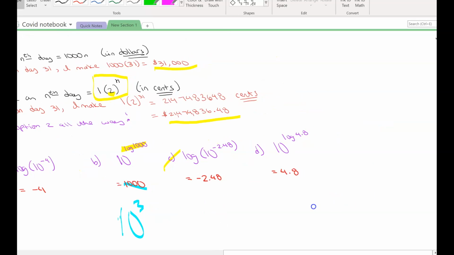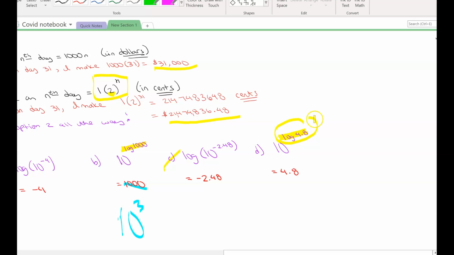But then D, we're going to move towards being able to do question D without a calculator. So I want you to think about this. If you figure out what log 4.8 is, this number right here is the exponent that you would raise 10 to get 4.8.